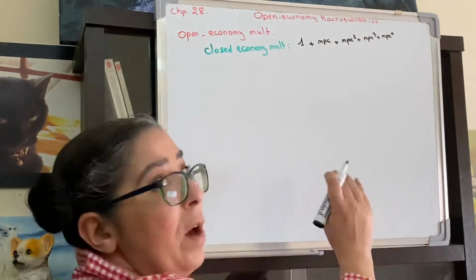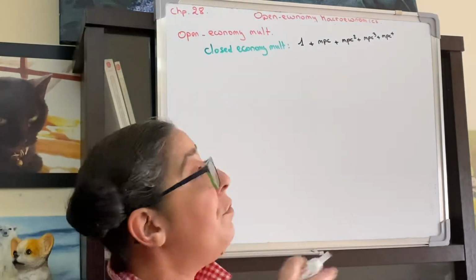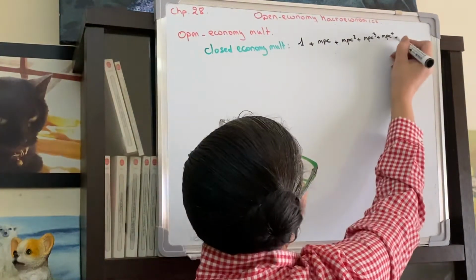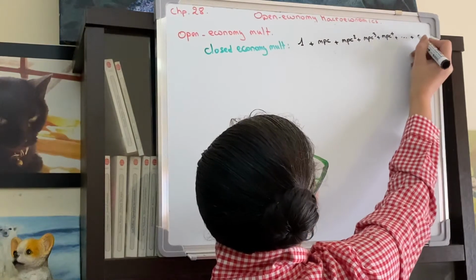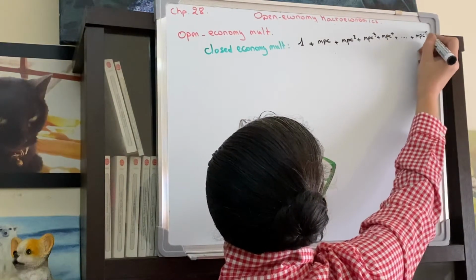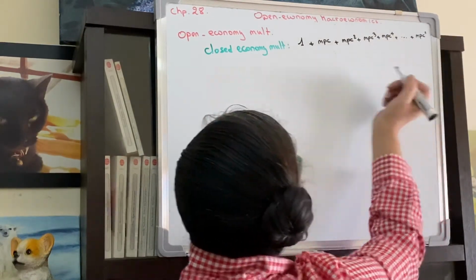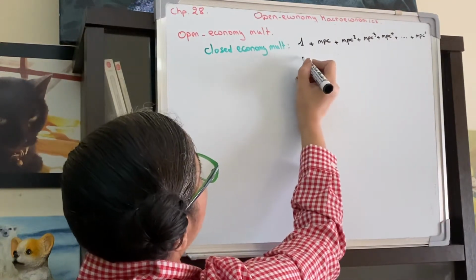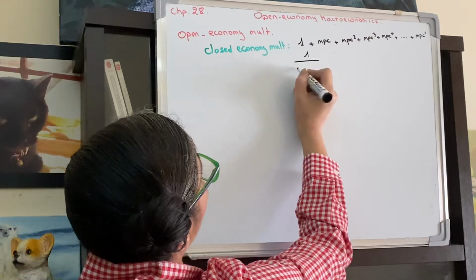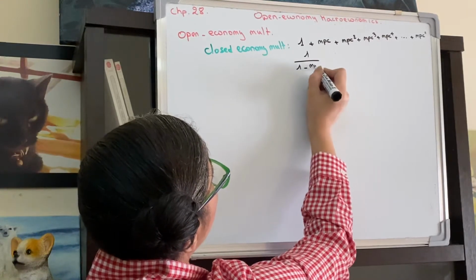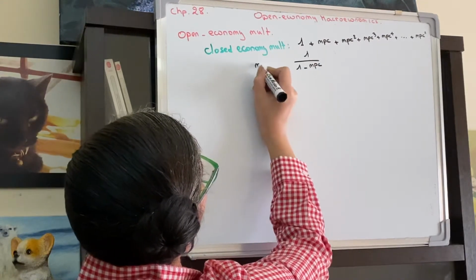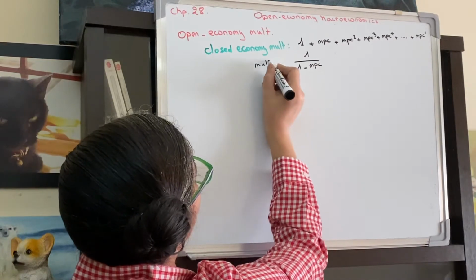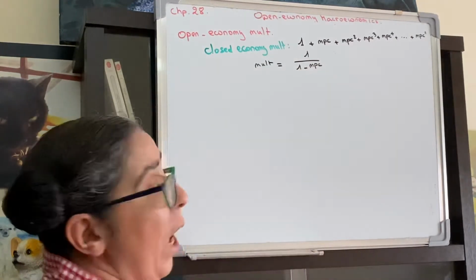If you don't know what I'm doing, go back to the video where I explained this. Plus MPC to the power n. And this resulted in the multiplier being 1 over 1 minus MPC. That was your multiplier. Okay?